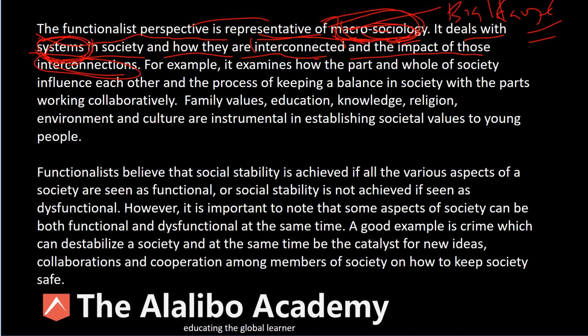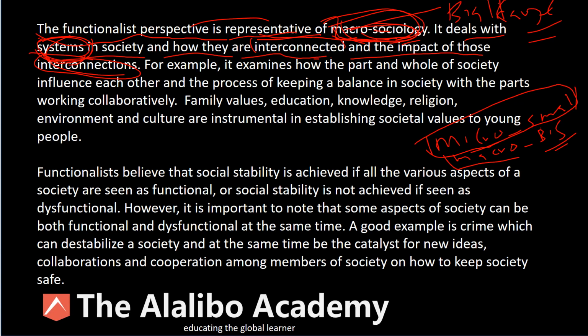Functionalist perspective is representative of macro sociology. Micro is small, and macro is big or large. In the previous video, we looked at the micro perspective. In this video, we are examining the macro perspective.